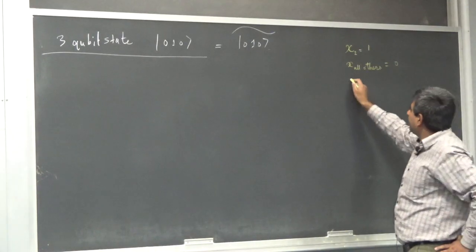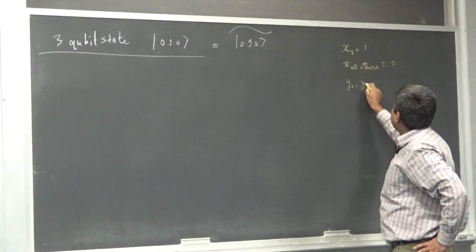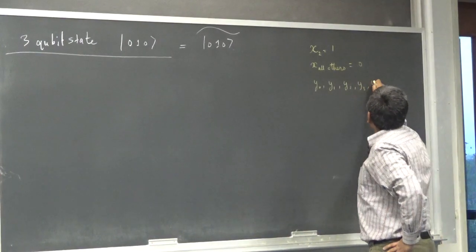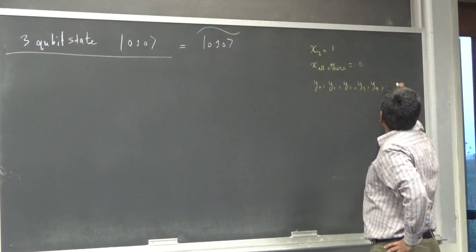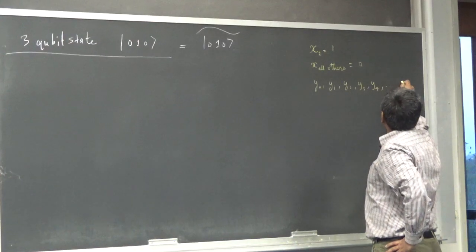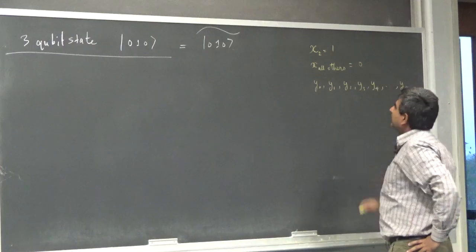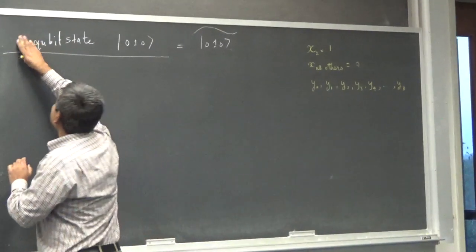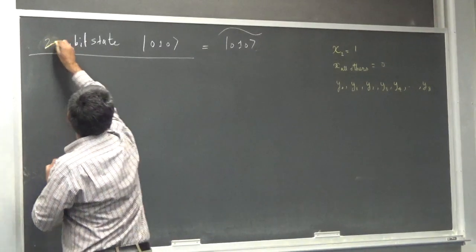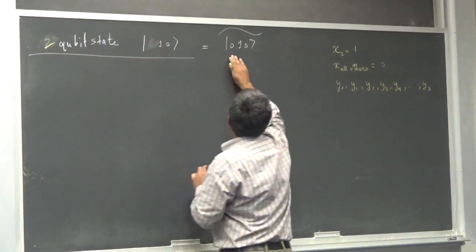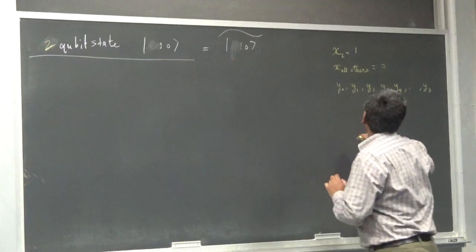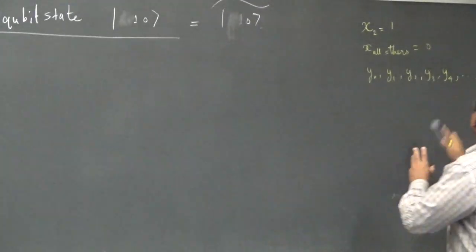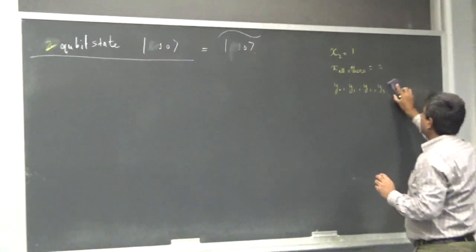So I want to find out my y0, y1, y2, y3, y4, up to y8. Let's simplify this problem. Let's look at a 2-qubit state. So I need to find out y0, y1, y2, y3.